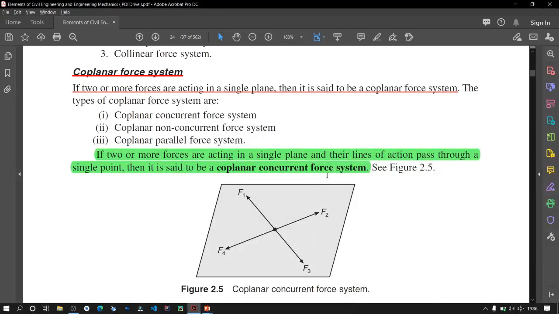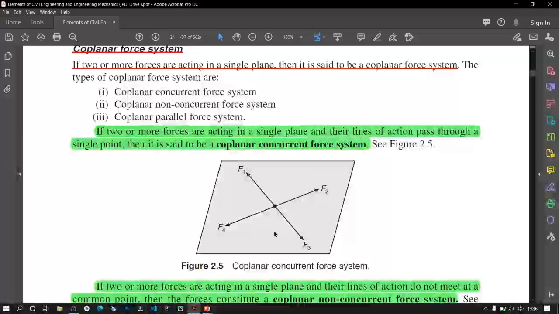F1, F2 all pass through this point. So we can say that F1, F2, F3, and F4 are a coplanar concurrent force system.